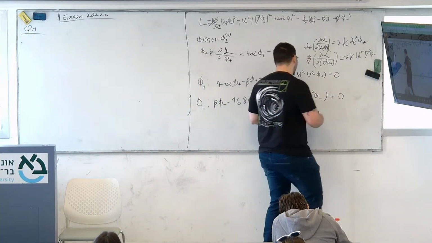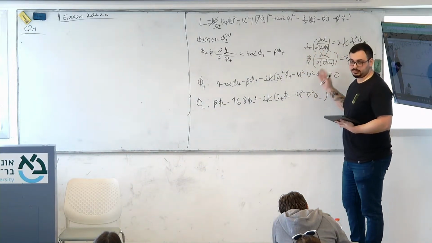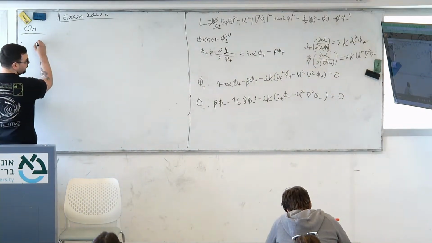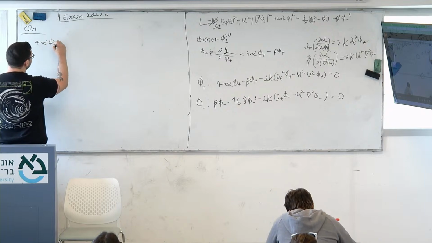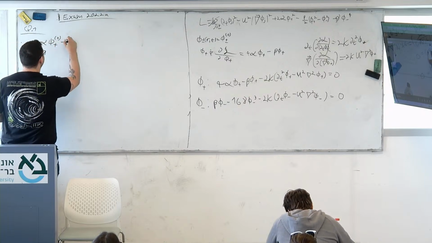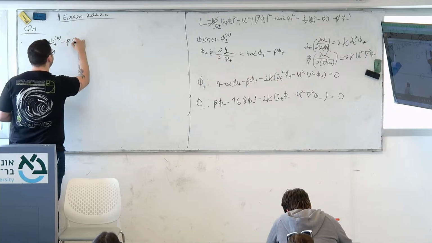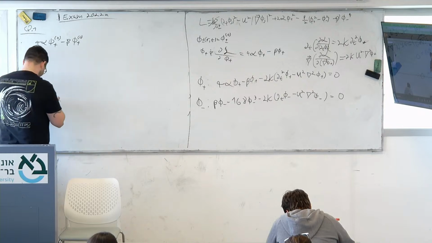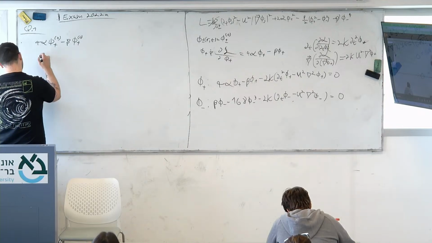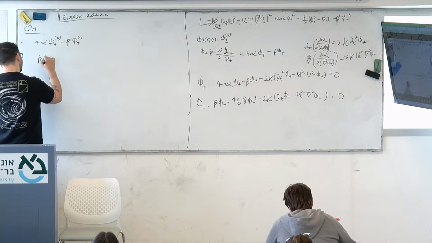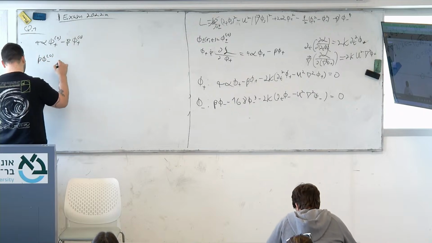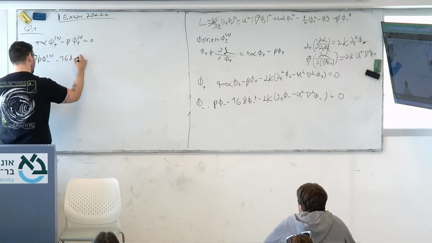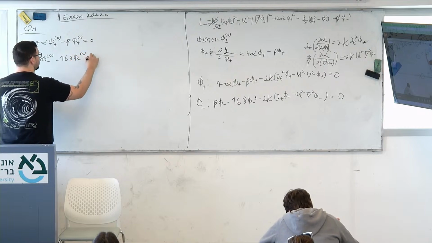Since we're talking about a uniform solution, the derivative term cancels out, and we're only left with 4 alpha phi plus 0 minus beta phi plus 0, beta v minus 0 minus 16 alpha v minus 0 equals 0.